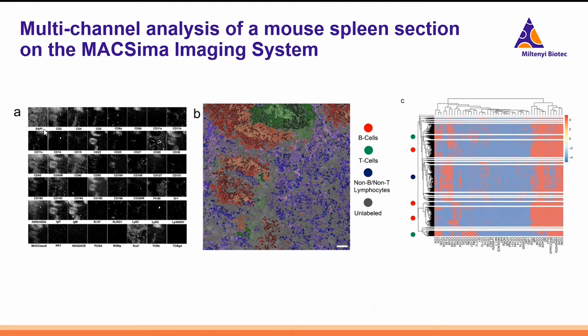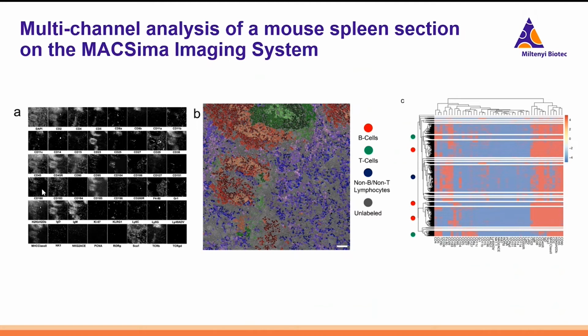So we see several immune cell markers: CD45, a leukocyte marker, CD11b, a myeloid cell marker, CD11c, a dendritic cell marker, CD4, a T cell marker, and so on.